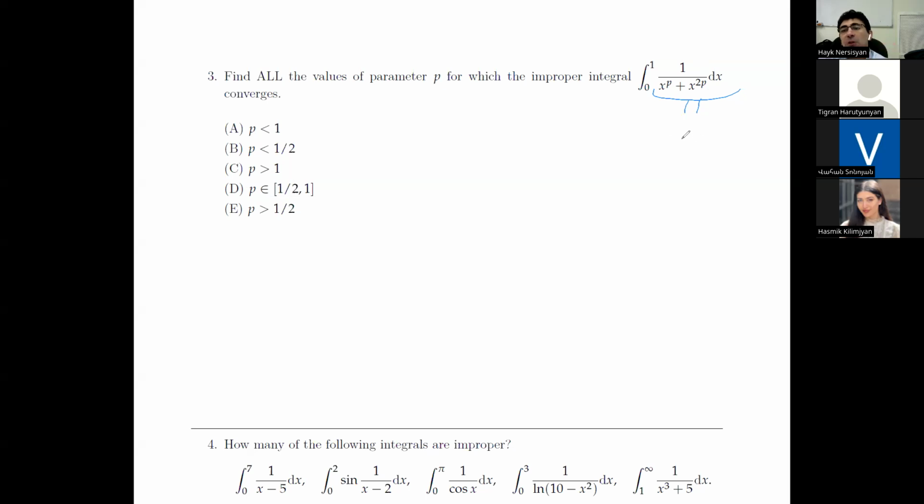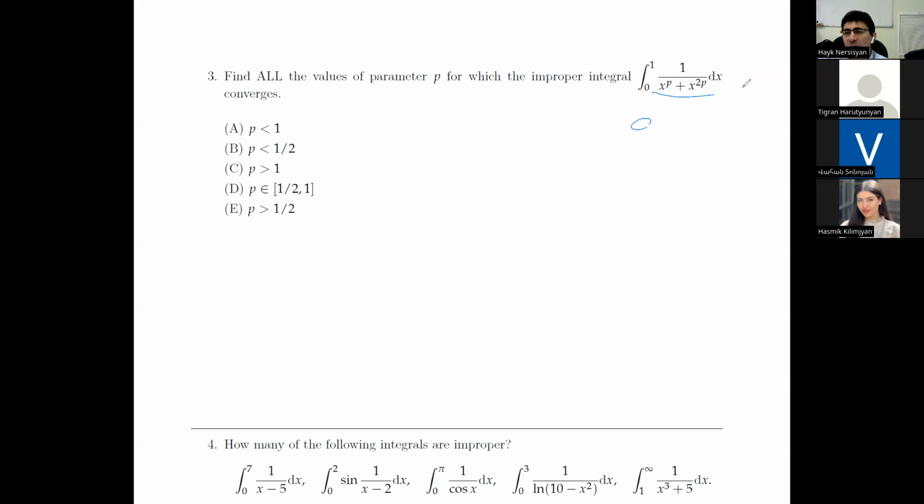Limit or direct comparison test maybe is more convenient here. Do you have any suggestion? If no, I would suggest here to tackle it with limit comparison test.